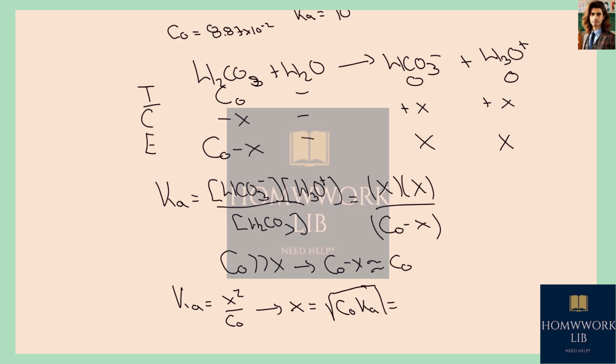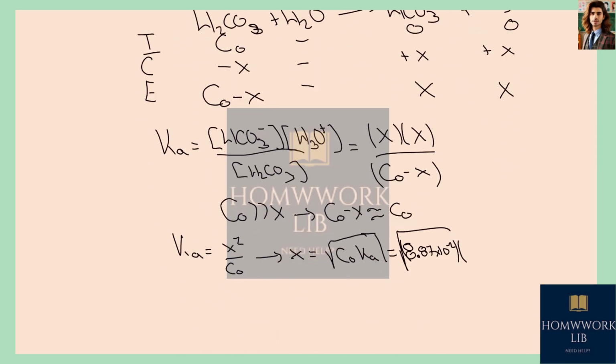Plugging in the values that we got, this is the square root of the initial concentration, 8.87 times 10 to the minus 2, multiplied by Ka, that is 10 to the minus 3.49.